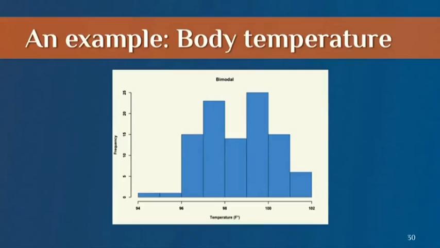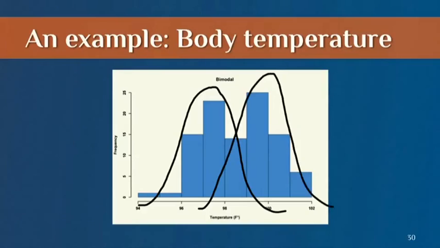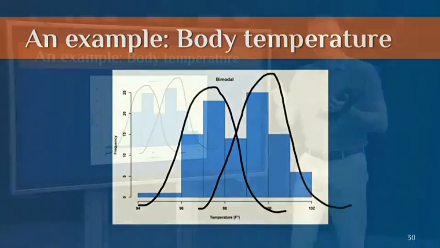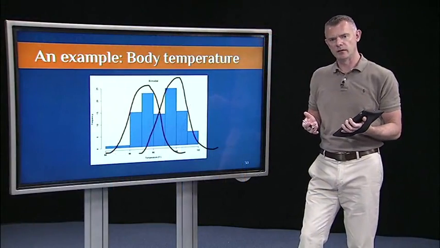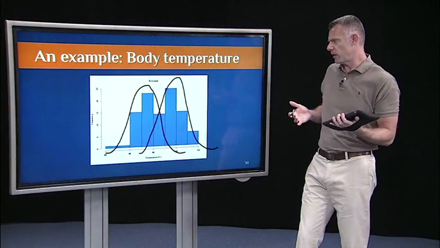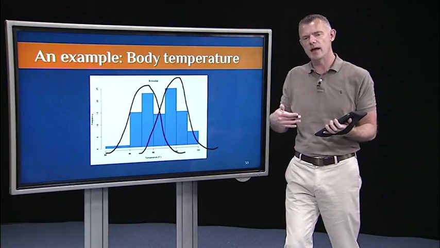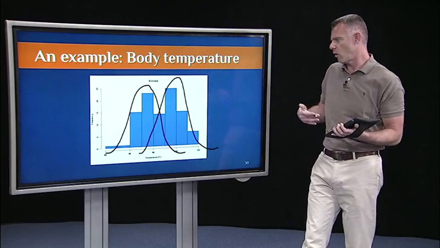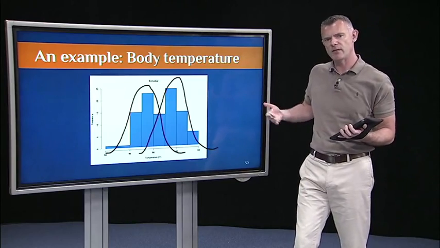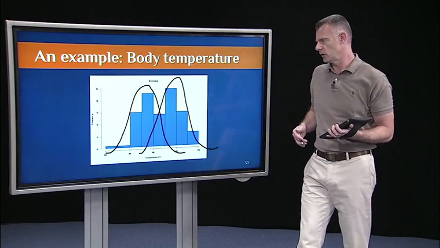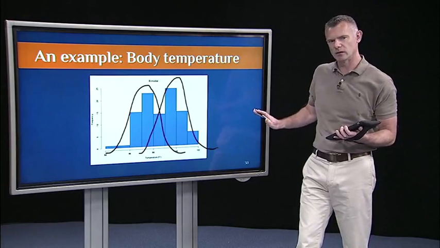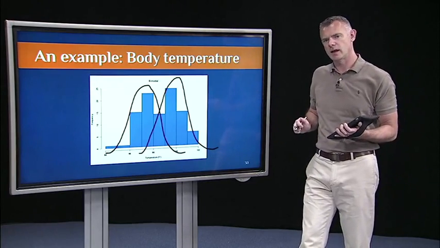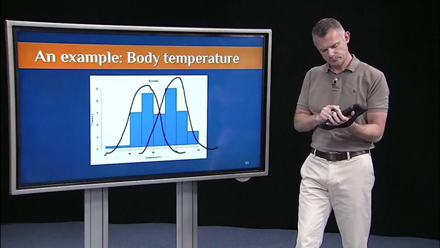It's actually bimodal, meaning it has two modes. So if you look at it carefully, you can see there's sort of a normal distribution there and a normal distribution there. It's the two distributions put together. So if you didn't know that, it might be hard to see, but the more practice you get at looking at histograms, the more you'll start to see these evidence of non-normal distributions. So this is an example of something that looks not normal. Instead, I would describe this as bimodal.